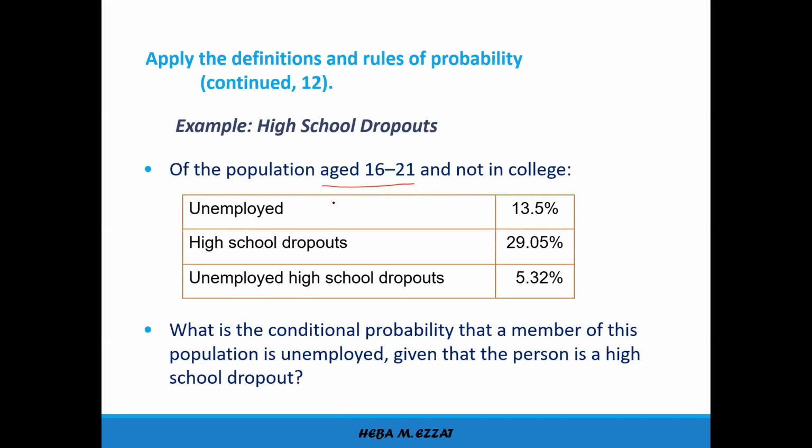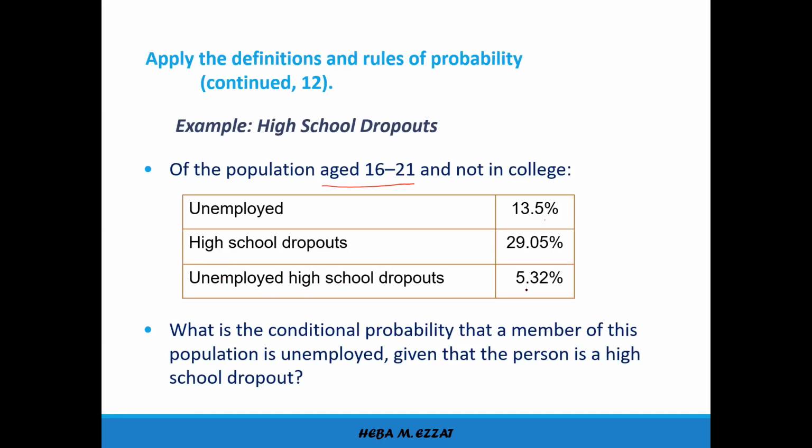After doing a survey, we found that the percent of unemployed people inside this population is 13.5, and the percent of those who drop out of high school is 29.05, and the percentage of unemployed high school dropouts, so they are unemployed high school dropouts, is 5.32.